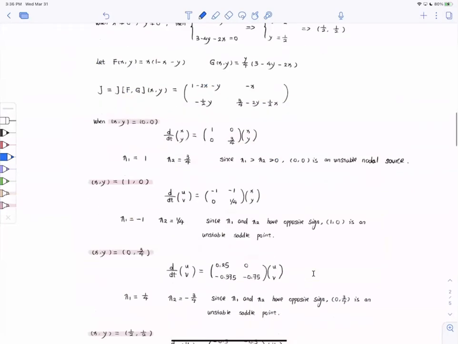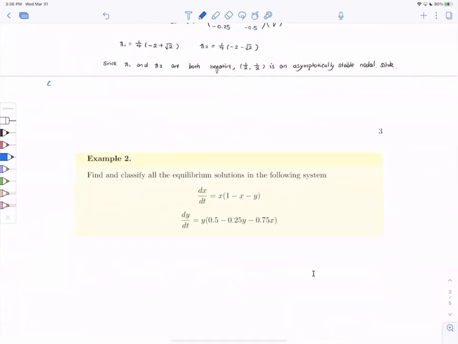And then we have the competition system. So I really don't want you guys to memorize anything. So hopefully this makes sense to you when we talk about the model.